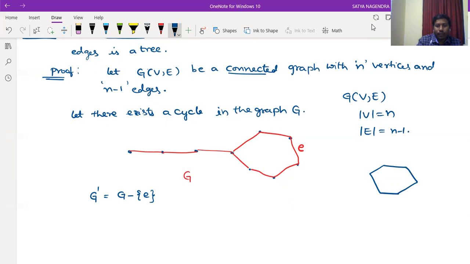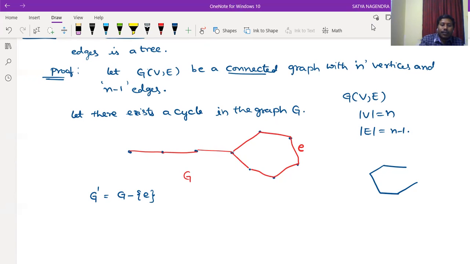If we don't have an edge here, if I remove that edge from that cycle, this graph is a connected graph only. It is not a disconnected graph. By removing some specific edge in this cycle, maybe any edge you take, not only a specific one, any edge from the cycle, the graph will be the same. It is a connected graph.